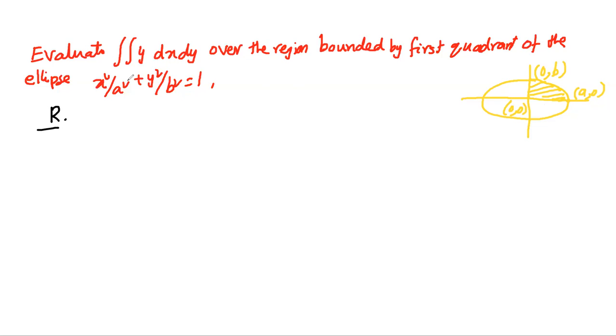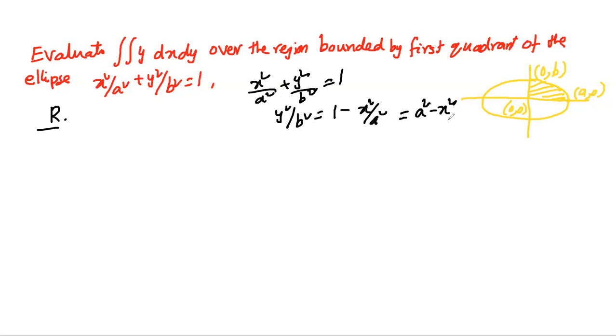So from the equation x square by a square plus y square by b square is equal to 1, y square by b square is equal to 1 minus x square by a square, which we can write as a square minus x square by a square.